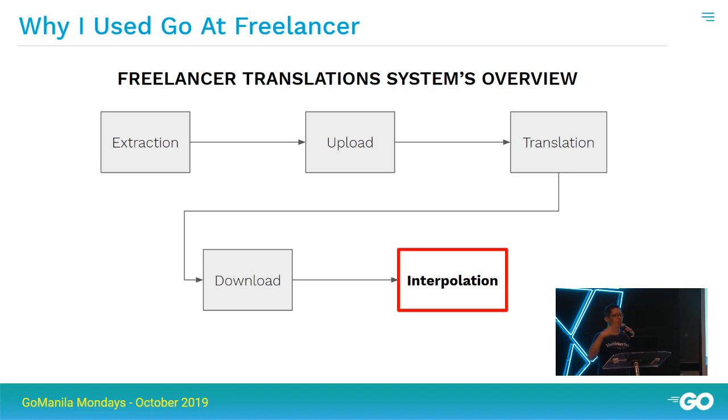We have different mechanisms to do this. Some of it happens at build time, and we create different builds in different languages. Some of it happens at runtime, and they pull the translations from the translation system at that time, and they interpolate it then. But the point is that, again, we have different mechanisms to interpolate the translated text to replace the original English text.